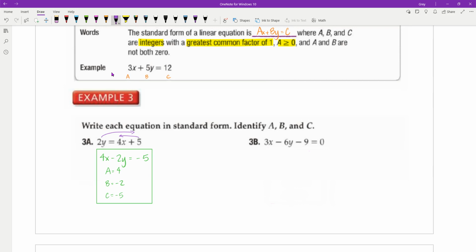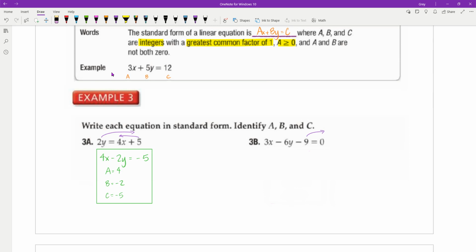It is not in standard form if you write negative 5 equals 4x minus 2y. It's ax plus by equals c. So you start with a, and a is positive. If you look at b, not only do you have to move the 9 over, but be careful because 3 goes into every one of those numbers.